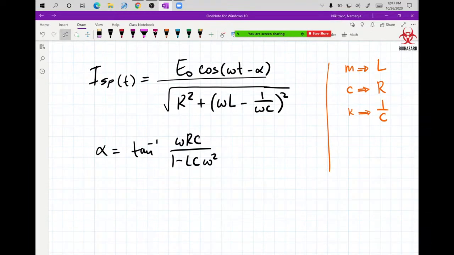Now you can have multiple loops, which is what the circuits class is all about. If you're taking circuits at the college, you are going to see systems of differential equations of the second order, which you are supposed to solve. We are going to see those systems in our class.